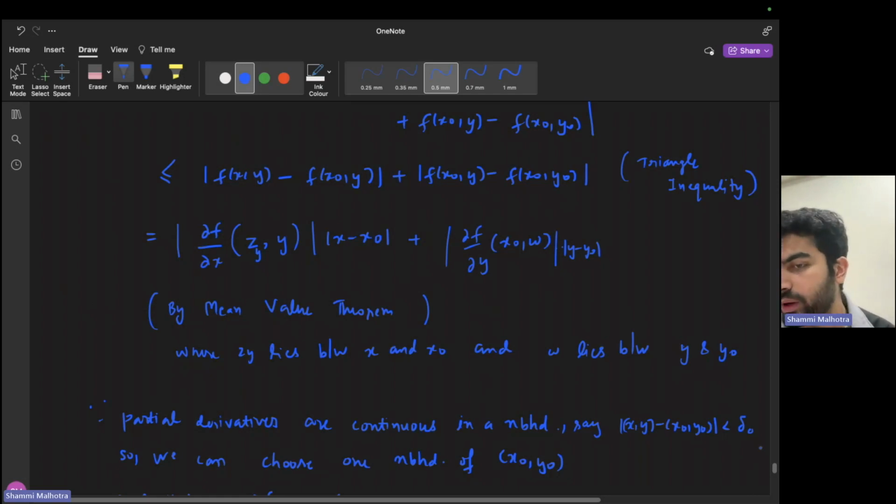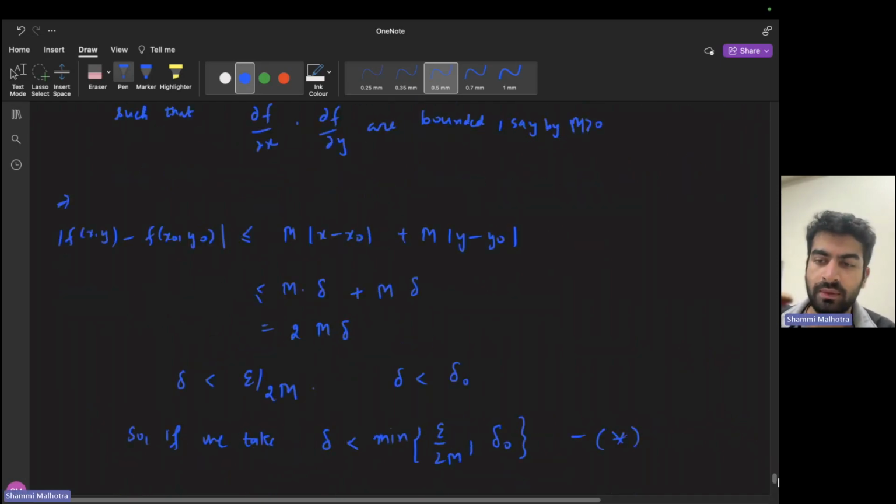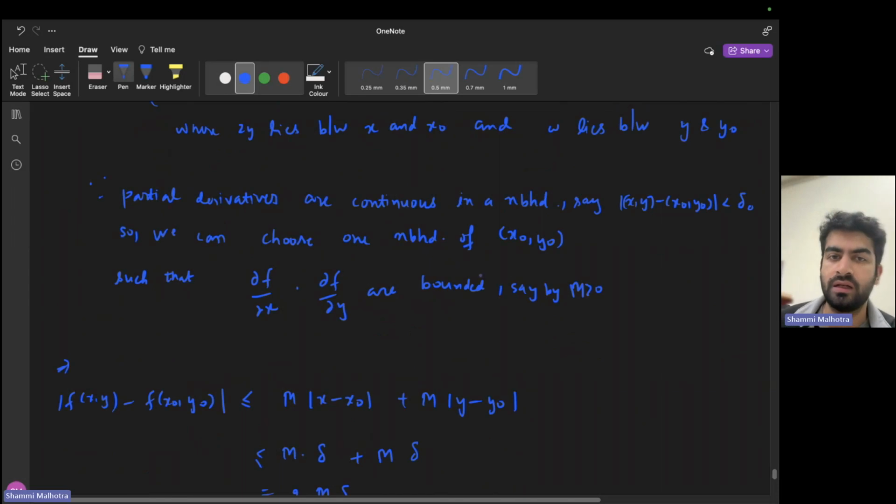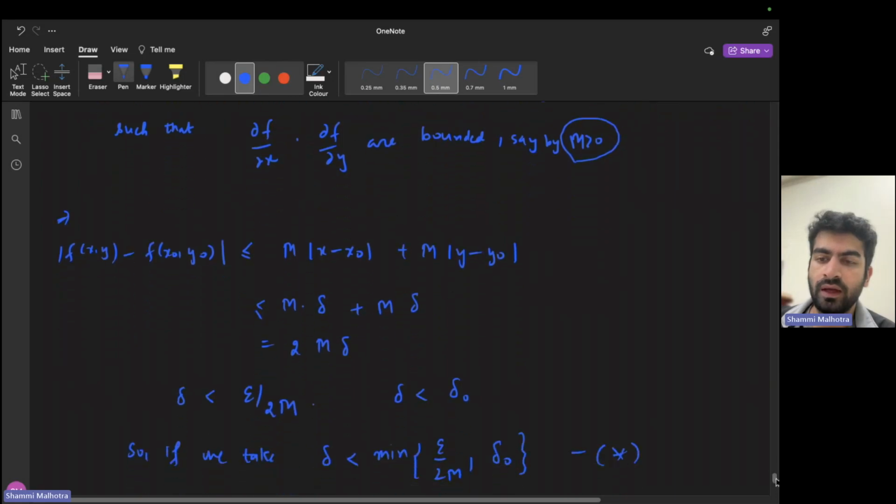That's the main crux. Since they are continuous in a neighborhood, I will have some delta naught such that we can choose that neighborhood where these partial derivatives are bounded, say by some positive number M. So the difference will be bounded by M times |x minus x naught| plus M times |y minus y naught|, provided we are in that particular neighborhood.